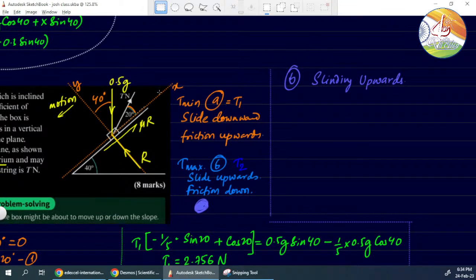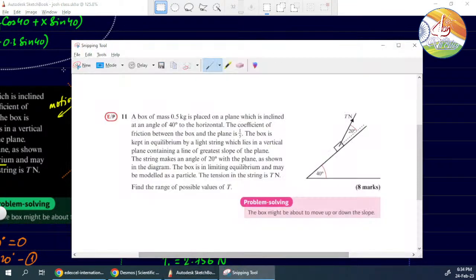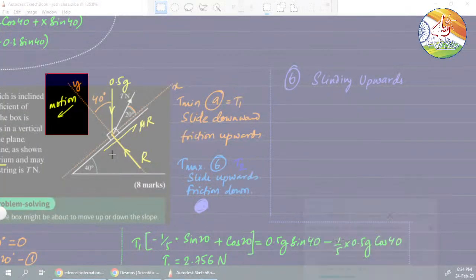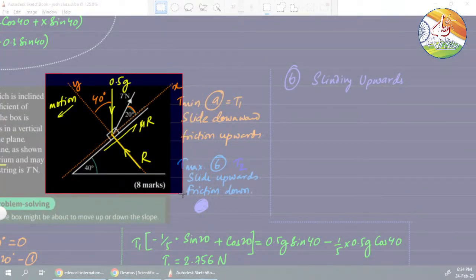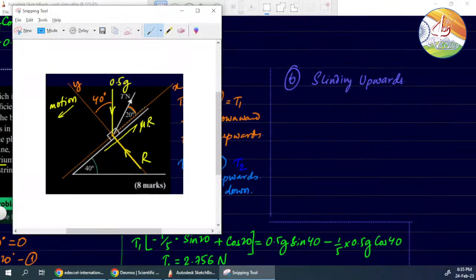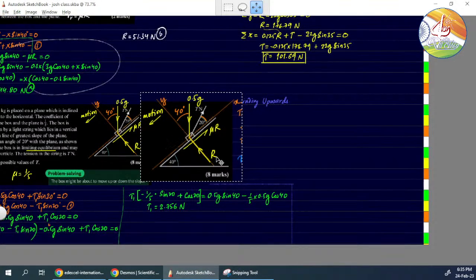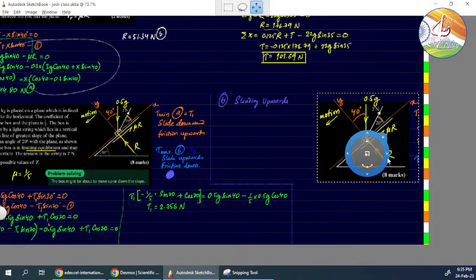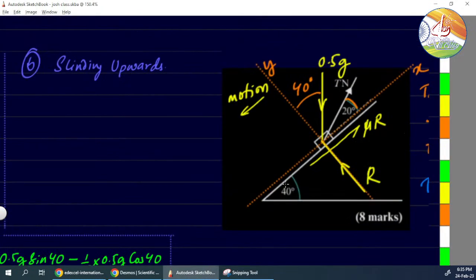So let me take the same diagram, same free body diagram. Okay, same free body diagram, but here what will happen? Friction direction will be opposite. Yes, friction direction will change.